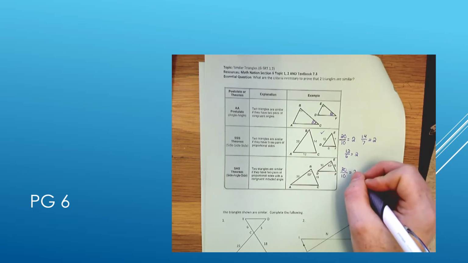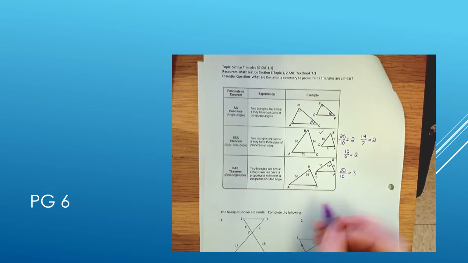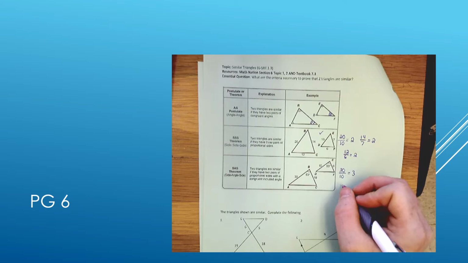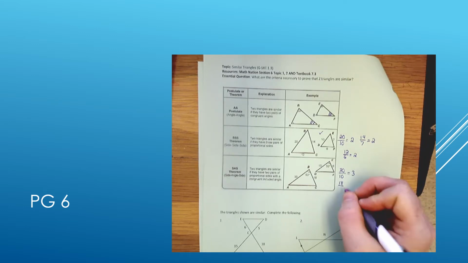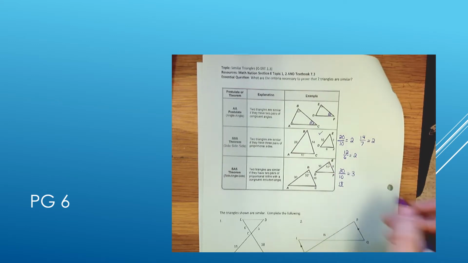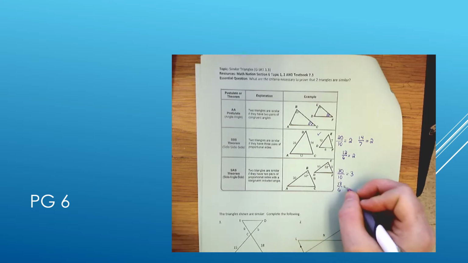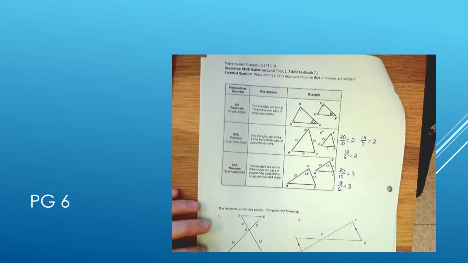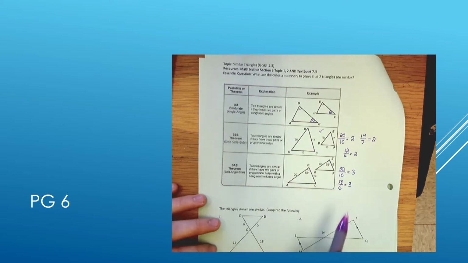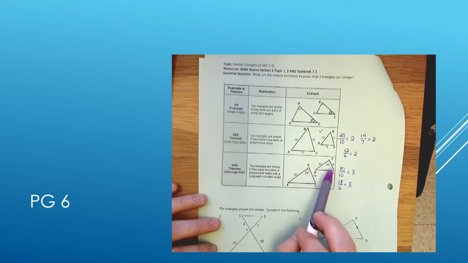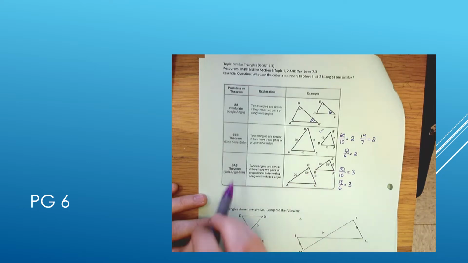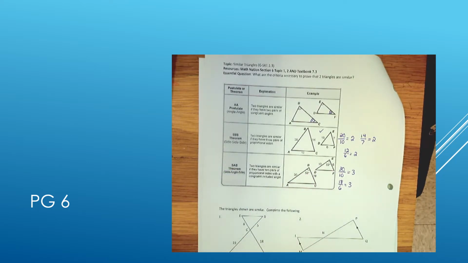If I simplified that down, I get 3. The next side I had, BC, is 18. 18 correlates with EF, which is 6. That also equals 3, so the sides are proportional. Now I just have to check that they have an angle that is congruent. And they do, they both have an angle that is 53 degrees. So that would prove the SAS theorem.